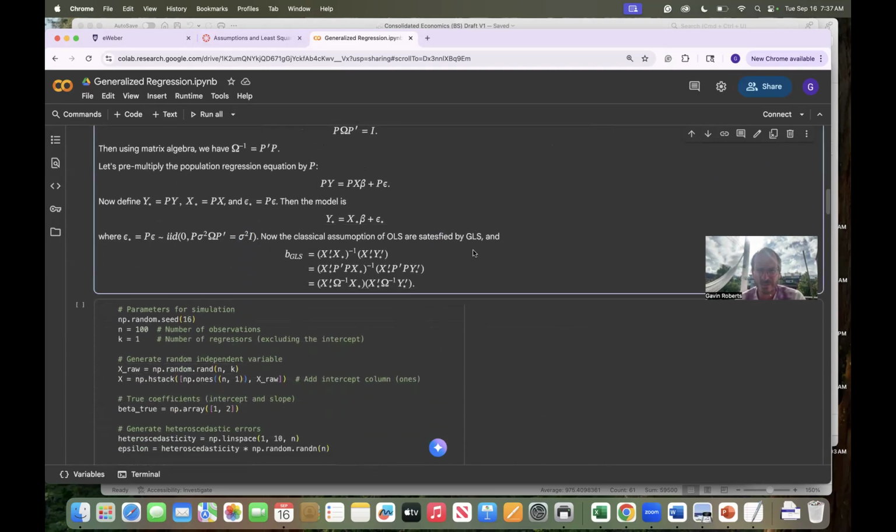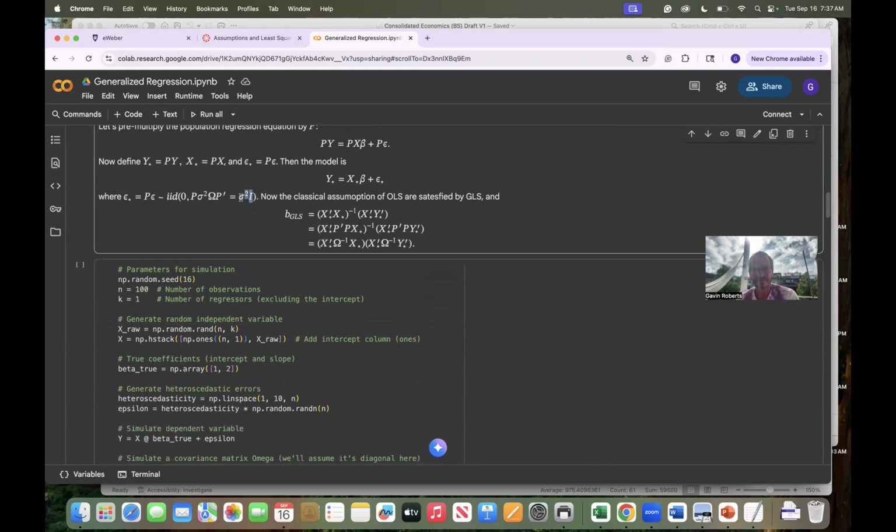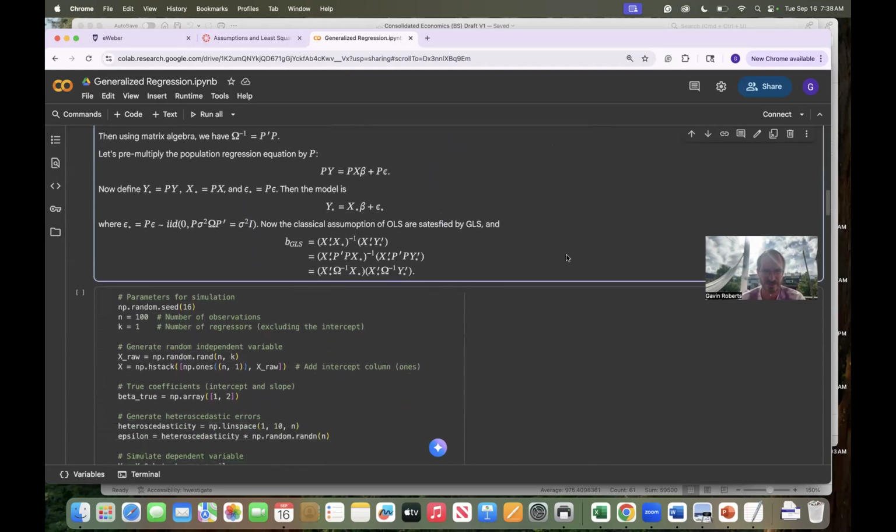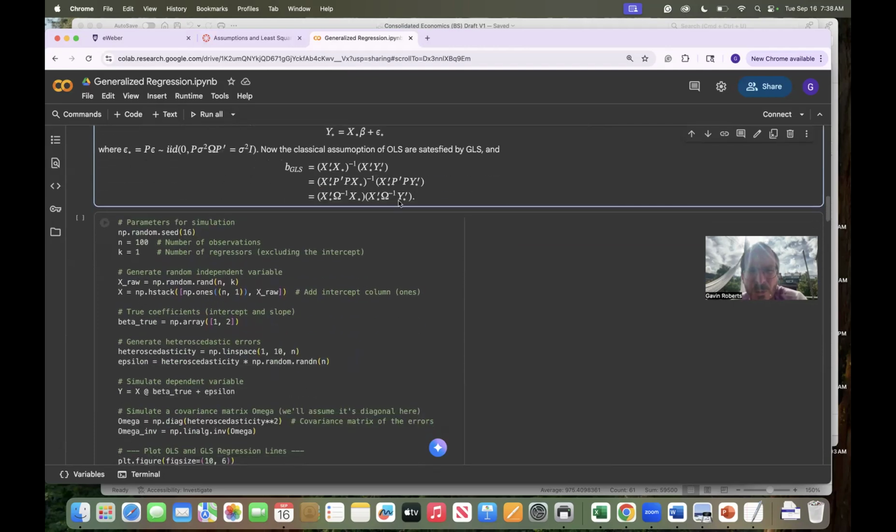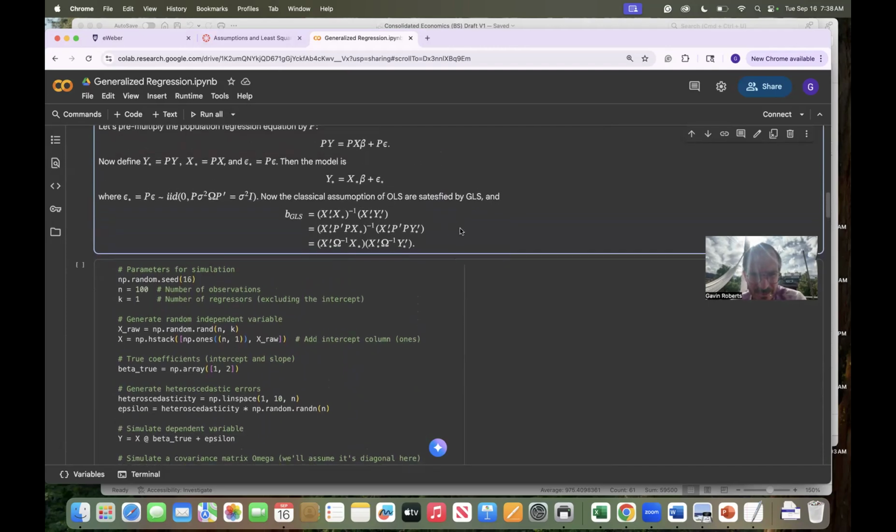And so now the classical assumptions of OLS are satisfied, because we've brought back this assumption through our pre-multiplication by P. And then we have this beta GLS estimator, where now we have X prime omega inverse X, inverse, times X prime omega inverse Y.